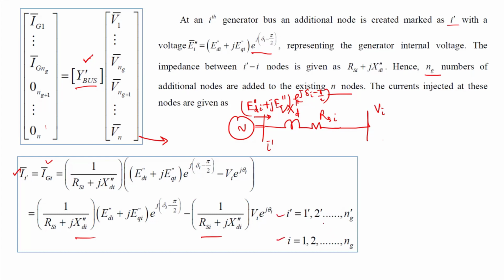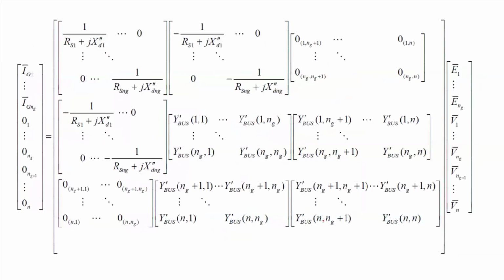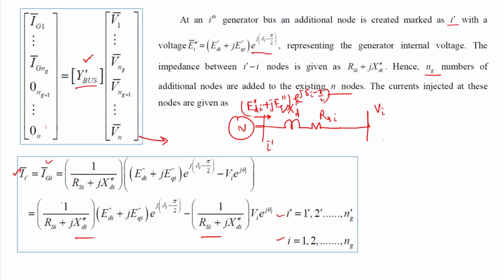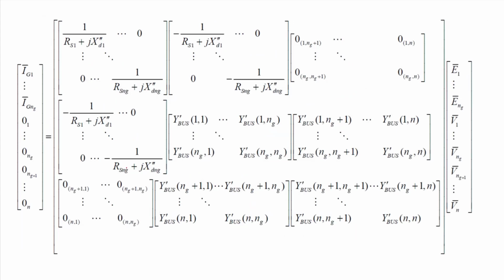Okay. Now if we incorporate these terms in IG, expand this and write it in the matrix form, this will give me this equation, right?